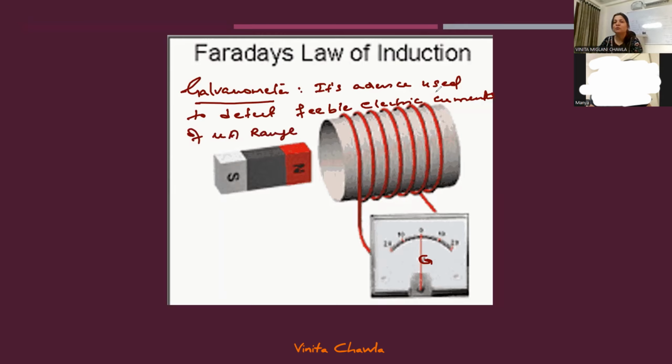It is a device used to detect feeble electric currents, means electric currents of very small value of microampere range. So a galvanometer basically detects the current, whether the current is flowing in the circuit or not, it tells us about that. And an ammeter measures the exact value of the current. A voltmeter measures the EMF or voltage across the circuit, right?